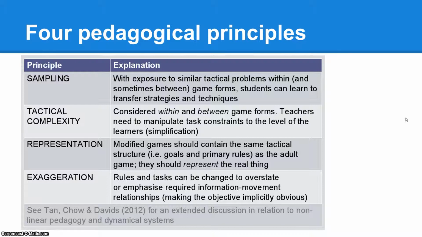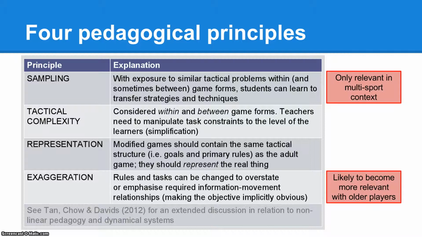But for the purpose of the workshop, I ignored sampling and exaggeration, mainly because sampling would not be relevant outside of a multi-sport context, and the exaggeration principle in games is normally more useful for things like making repetitive techniques occur in games and such like.